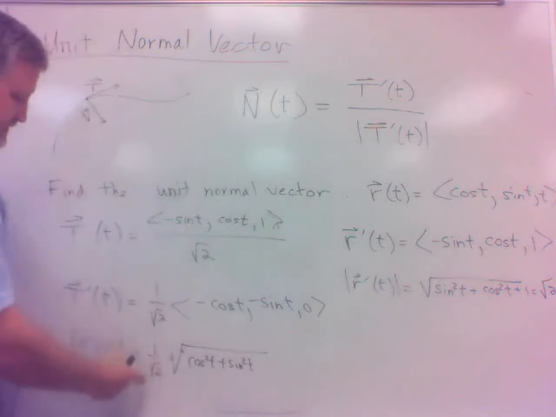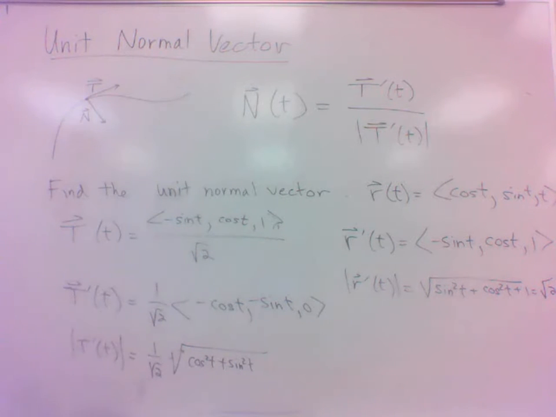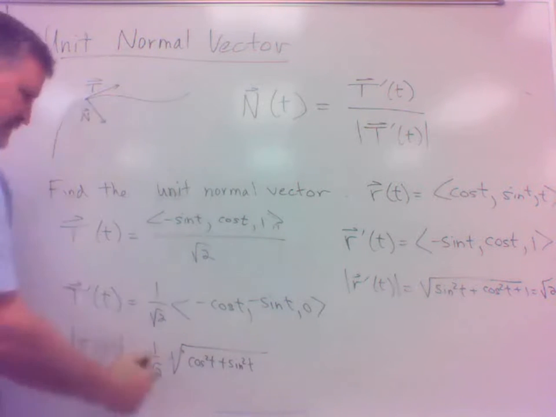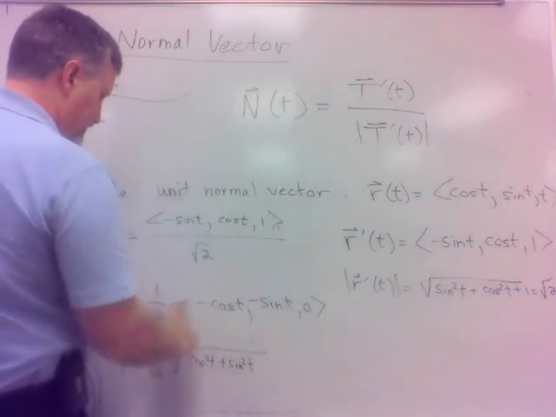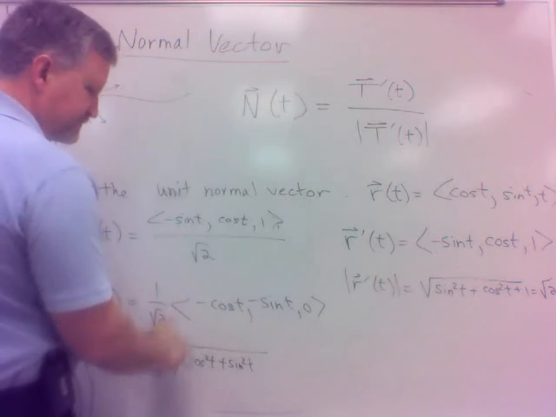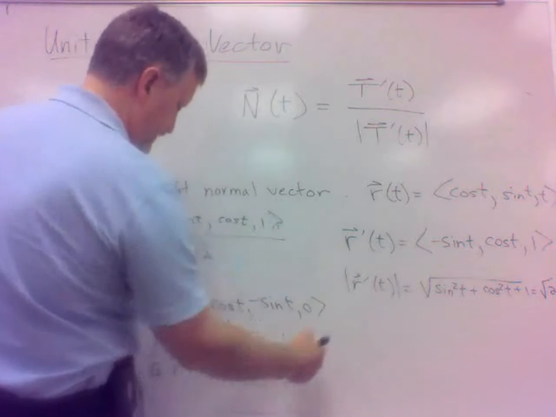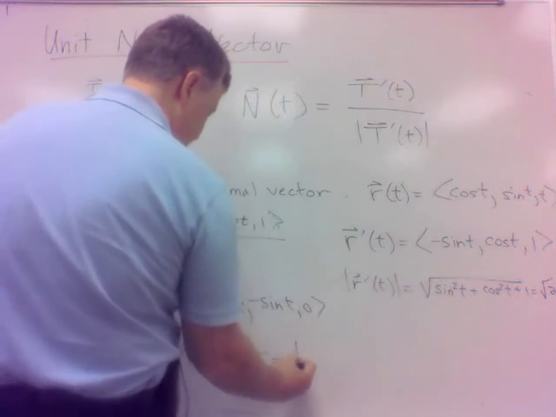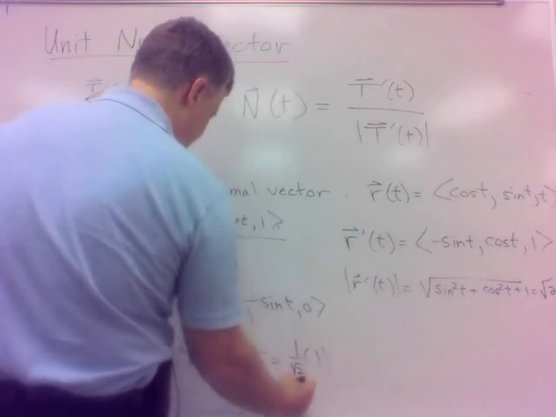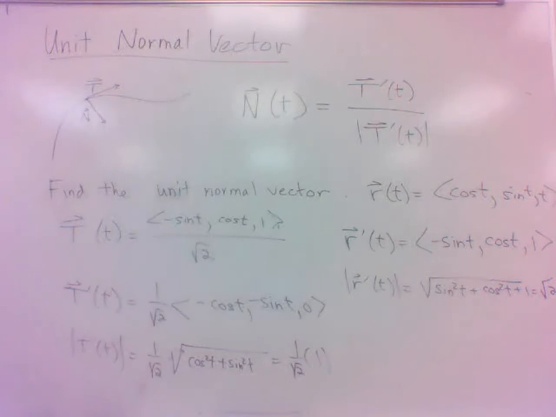The constant just comes along; whatever the magnitude is, multiply it by that. So it's 1 over square root of 2.